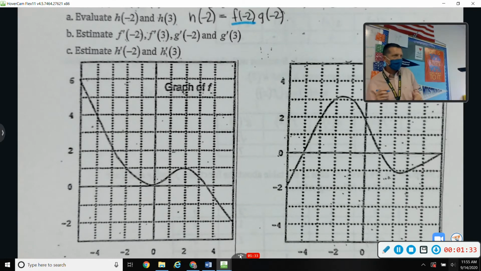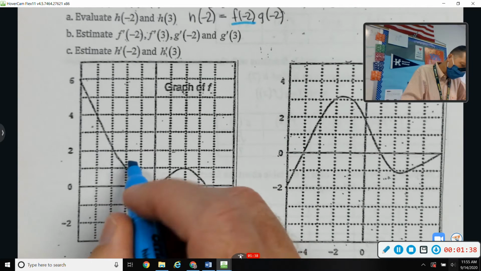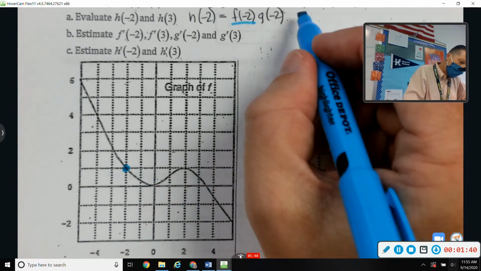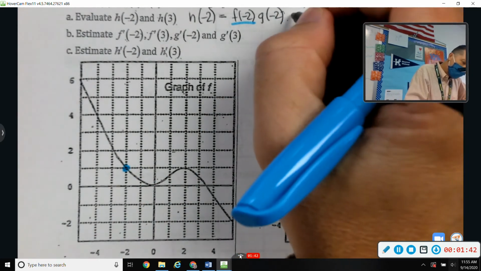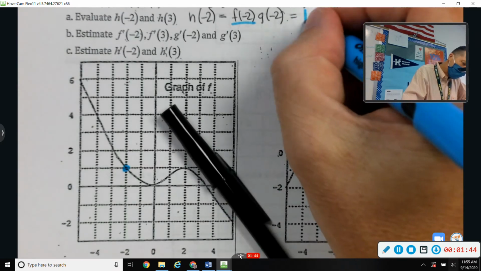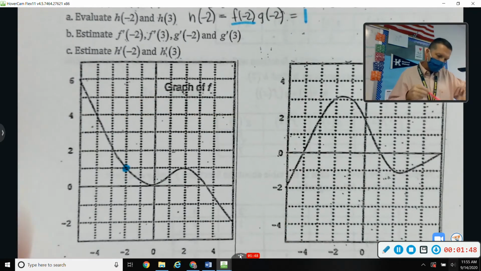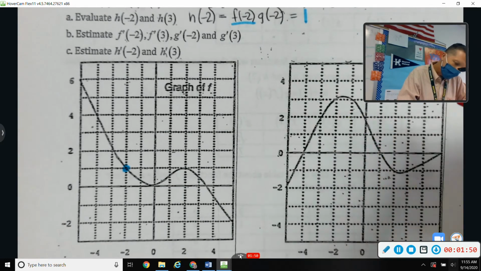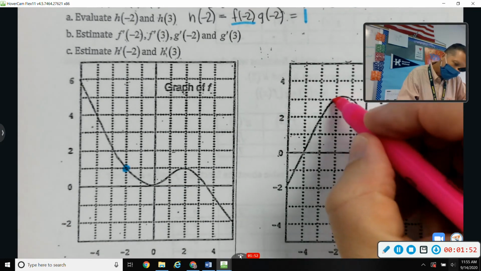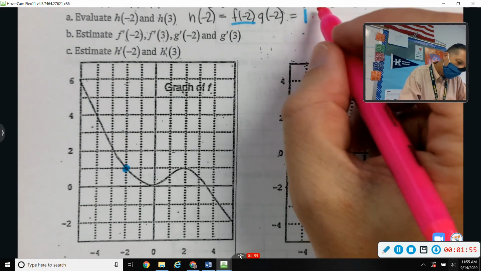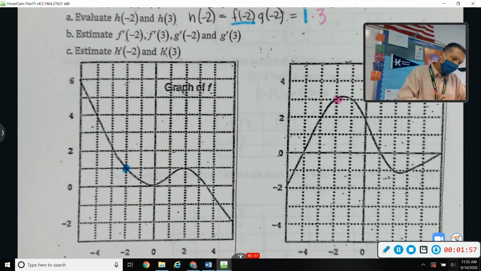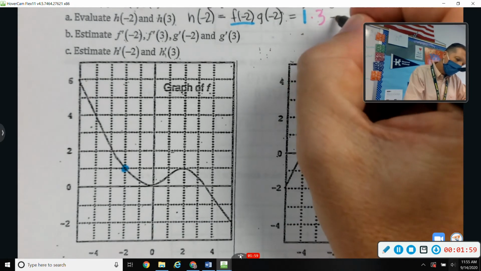If the x value is negative 2, what's the y value? 1. It's just that point right there. And how about g of negative 2? 3. And so 1 times 3 is 3.